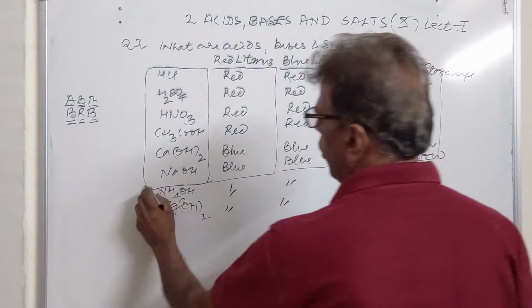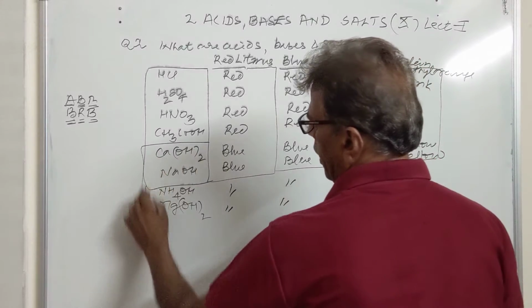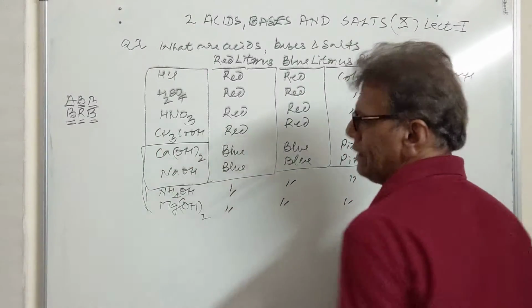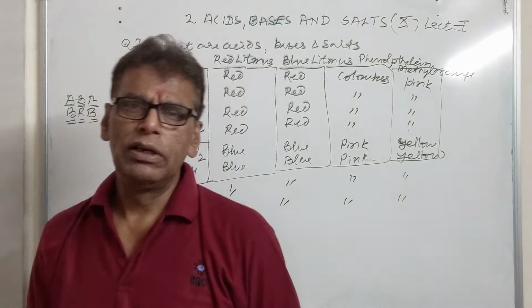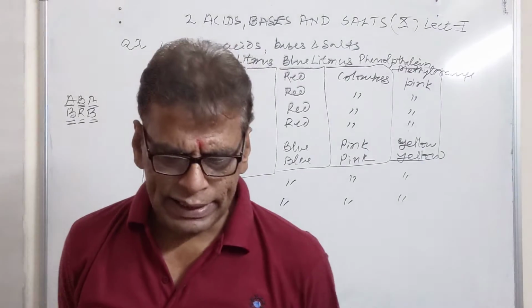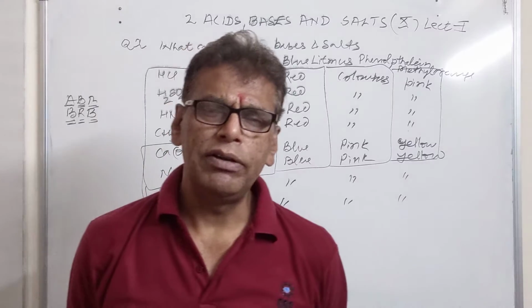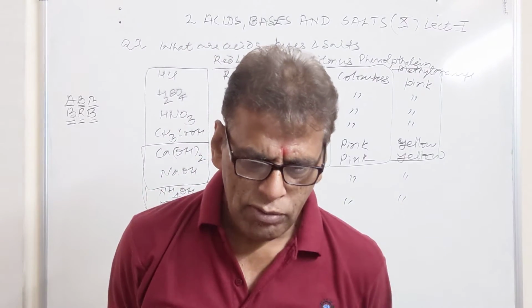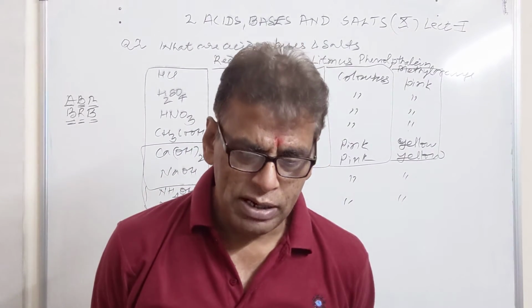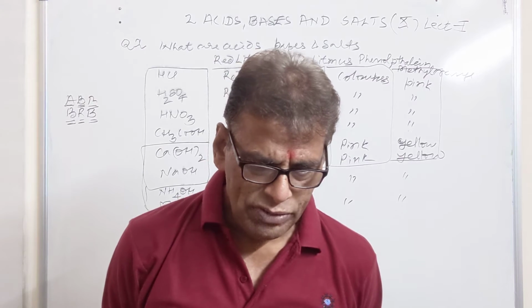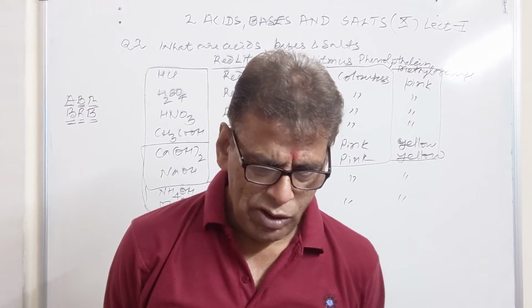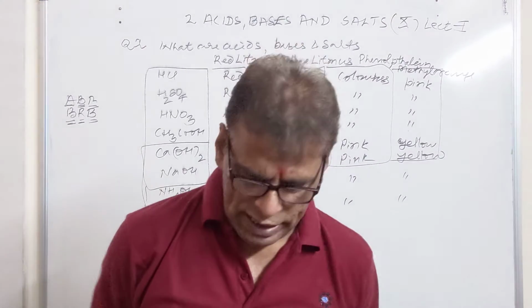So we have now compared here 4 bases and 4 acids, reacting with litmus, phenolphthalein indicator, red litmus, blue litmus and methyl orange. Now we study another activity of the metals with acid.